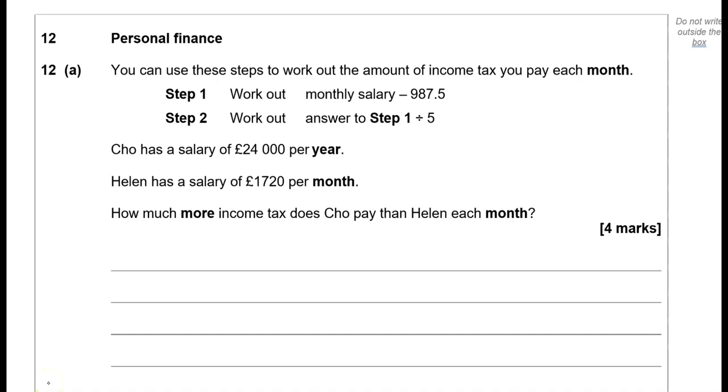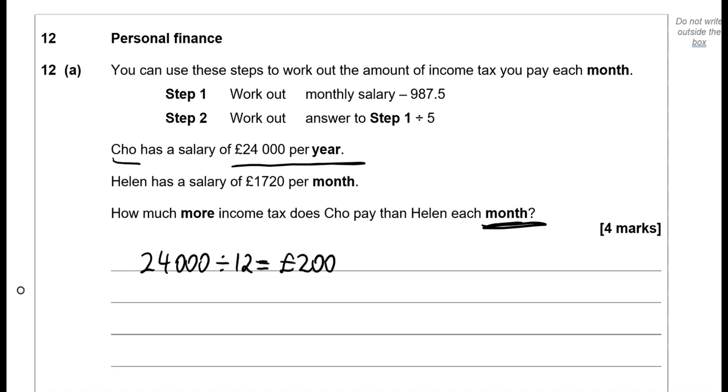As we've got to work out the difference in income tax per month, we are going to work out Joe's salary per month. So that is 24,000 per year. We divide it by 12. So that gives us £2,000 per month.